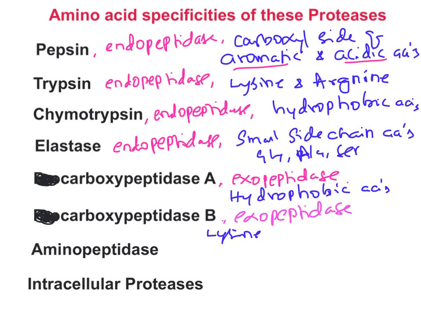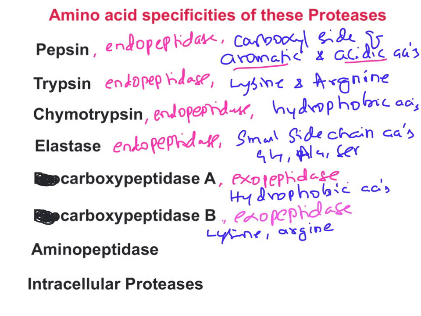The only difference is trypsin is an endopeptidase, whereas carboxypeptidase B is an exopeptidase. So if there are any lysines or arginines at the very end carboxy terminus, those will be removed by the carboxypeptidase B enzyme.